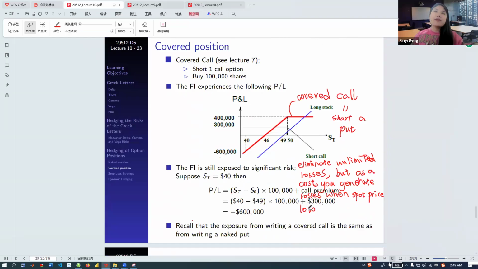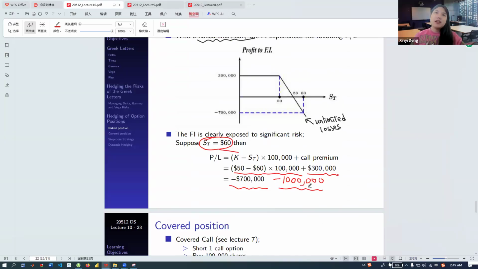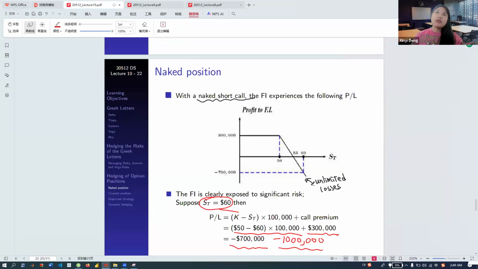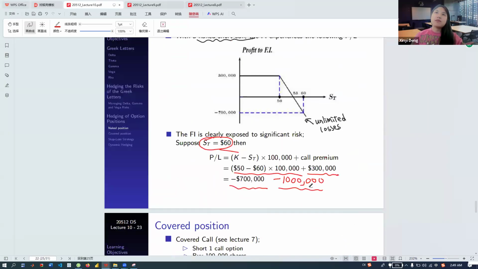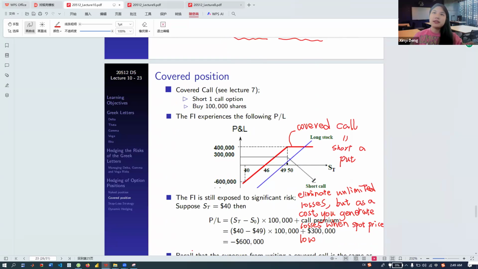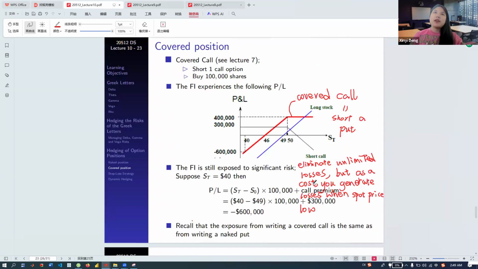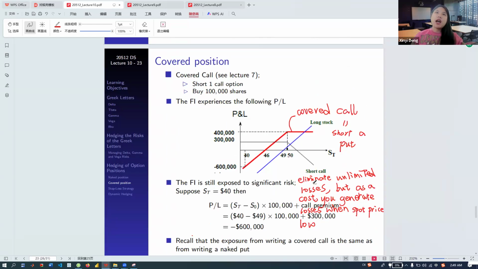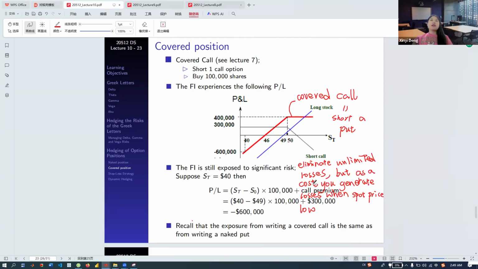Then onto the covered position. Obviously, the naked position is not optimal, right? Since our risk is very large, since we have unlimited losses, what about a covered position? We are covering this short position in call by buying 100,000 shares.